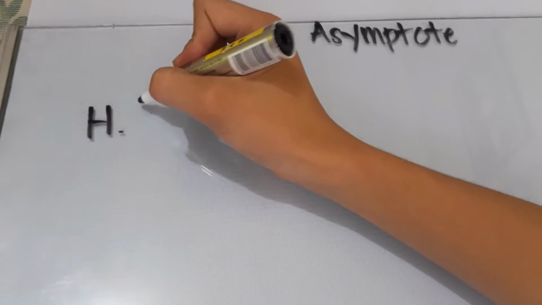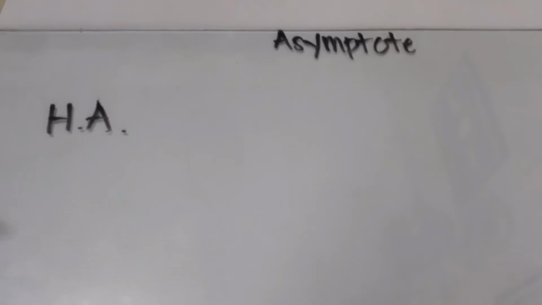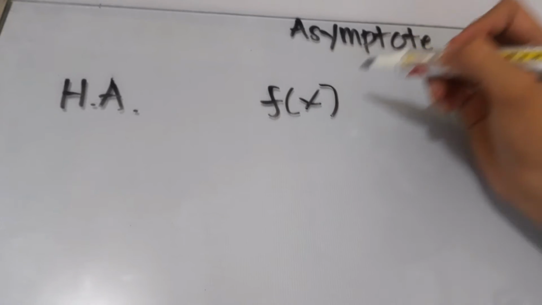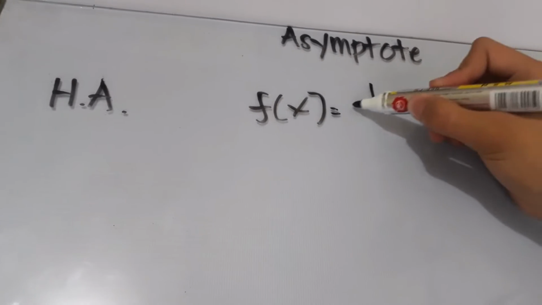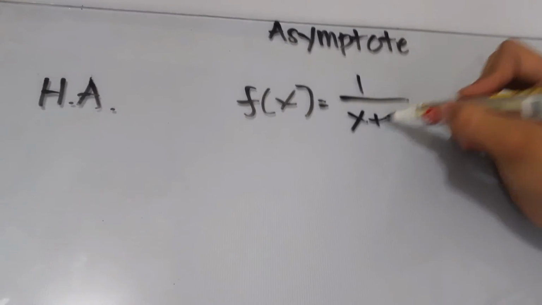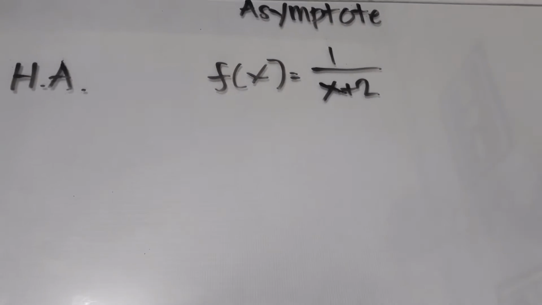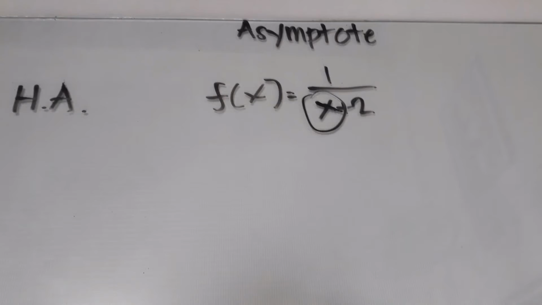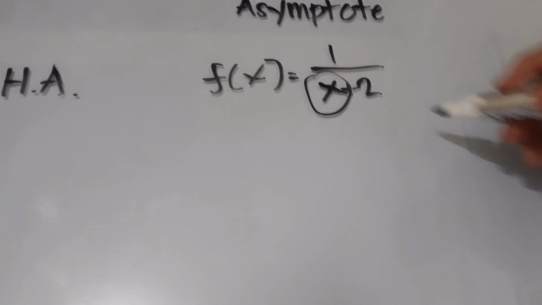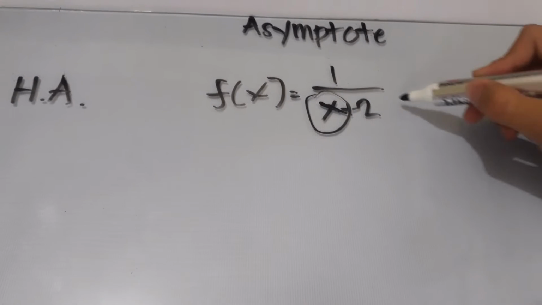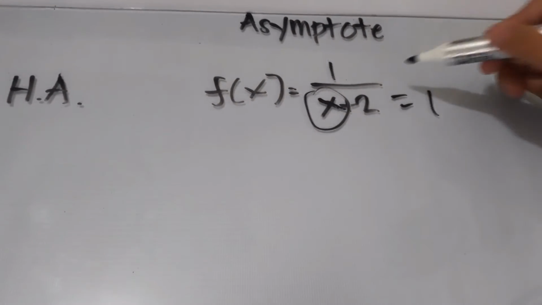The second asymptote is called the horizontal asymptote. Let's take again the equation f of x is equal to 1 over x plus 2. How do we compare the degrees? We look at the variables. The numerator is 1.